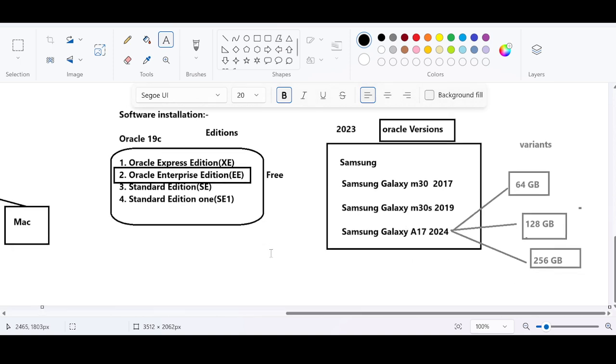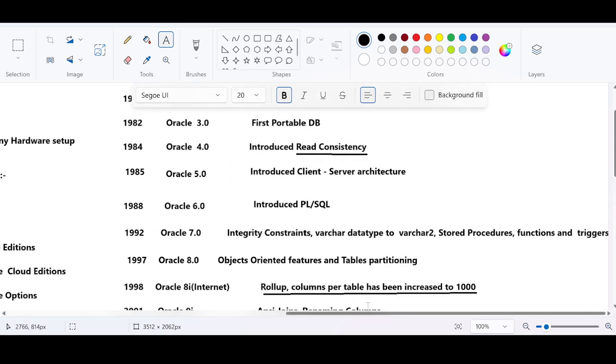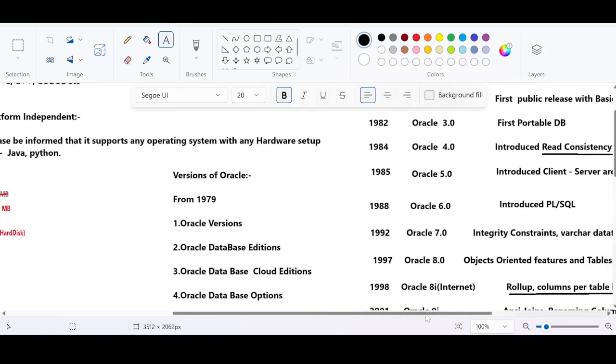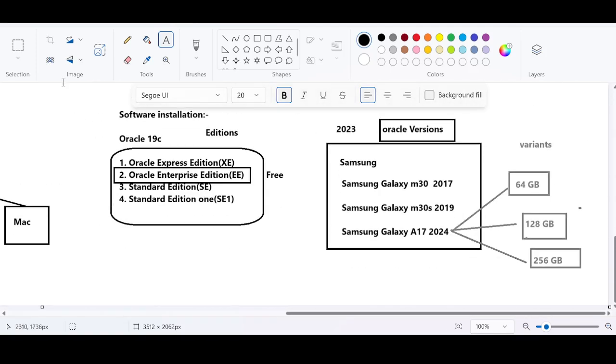Right? So let us also do that. Let me take some space here. So what are we going to download? If you download Oracle Express Edition, what are the disadvantages that you have in the Express Edition? It is just basic software, not only Express but Standard Edition and Standard Edition One.